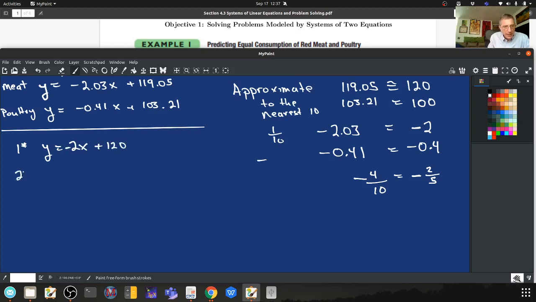In my second equation, y is equal to minus 2/5 x plus 100.